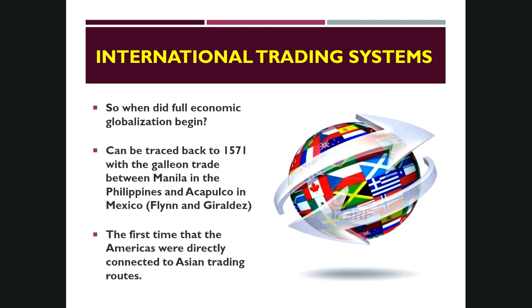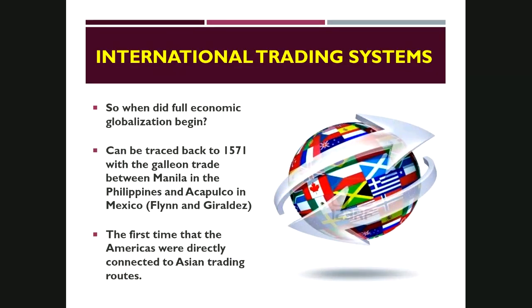Again, when we talk about the advent of the international trading system or economic globalization, this, according to Flynn and Giraldez, can be traced back to 1571. So when we talk about 1571, this was during the period of colonization. At least in the Philippines, we talk about the galleon trade between Manila in the Philippines and Acapulco in Mexico.